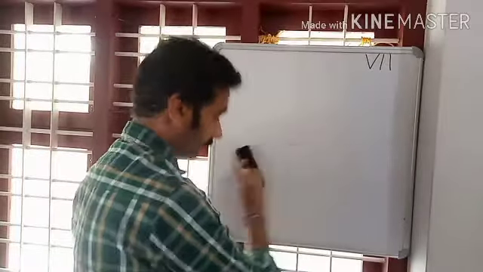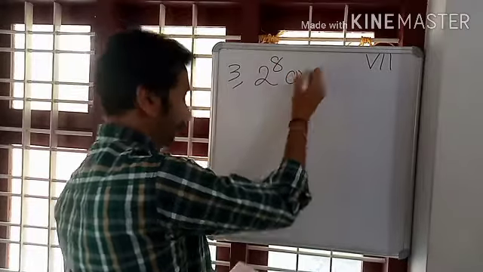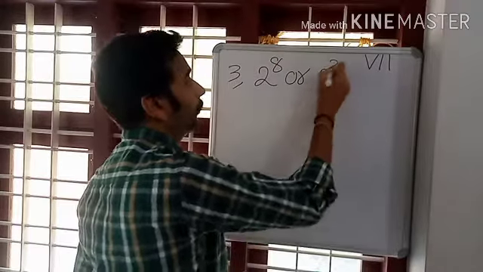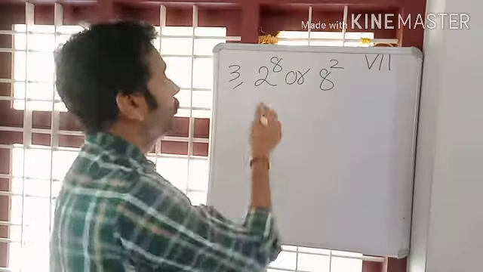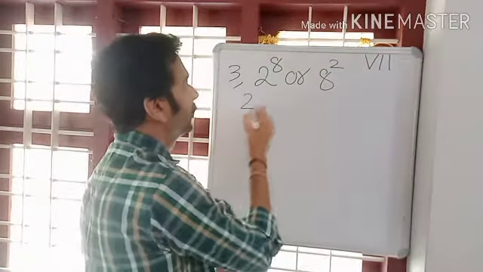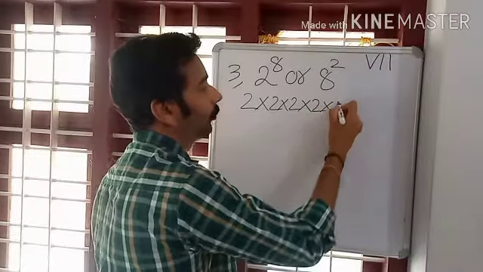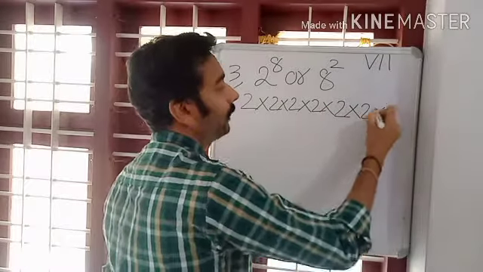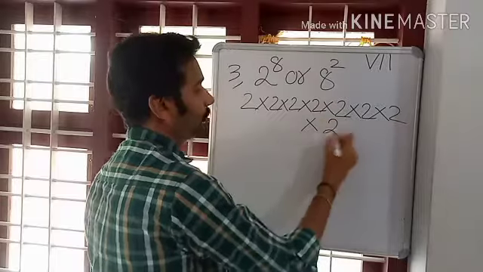Then third question, 2 raised to 8 or 8 squared. 2 raised to 8, we write 2 into 2 into 2 into 2 into 2 into 2 into 2 into 2.